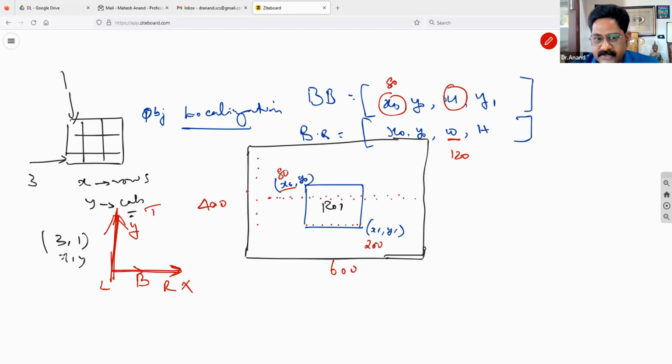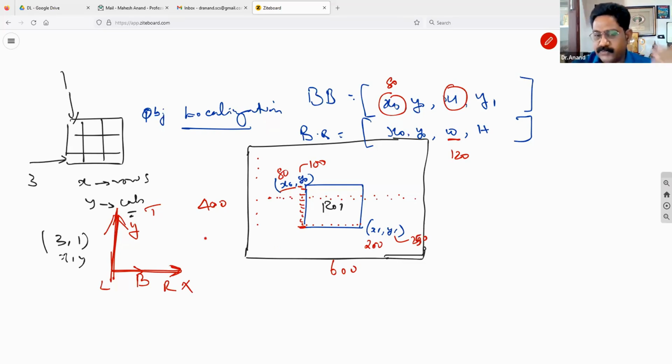Say for example, your y0 is 100. You start with the 100th row and maximum your object is located till 200, or even 250.